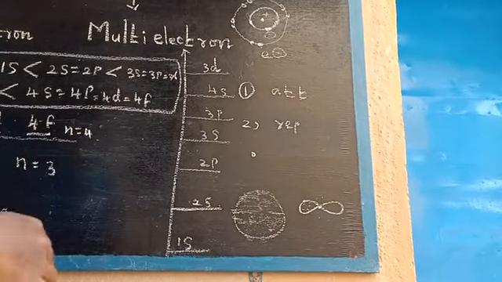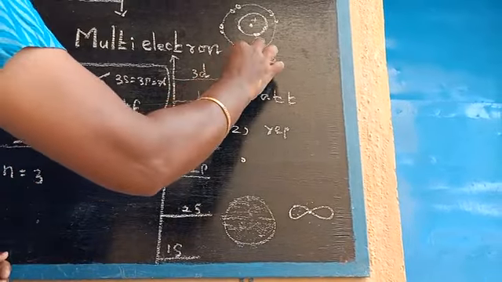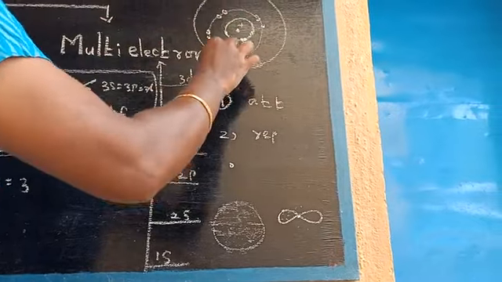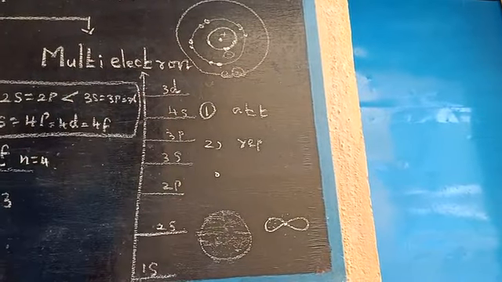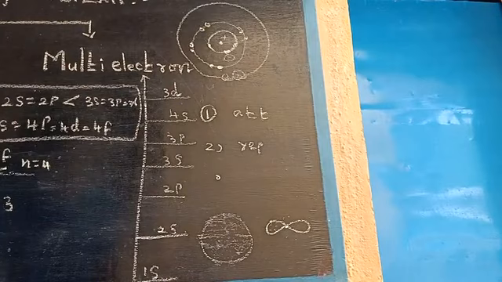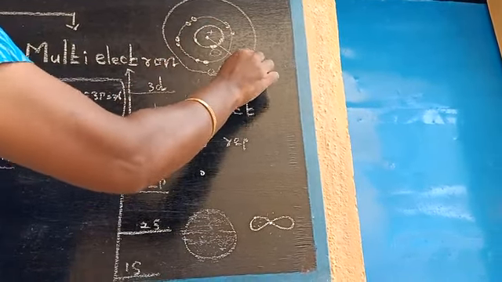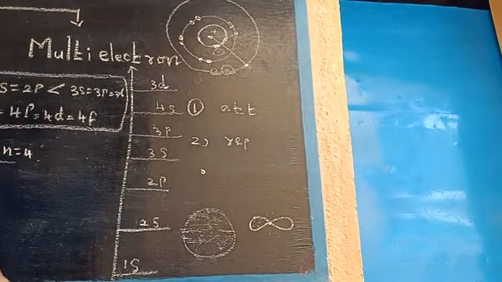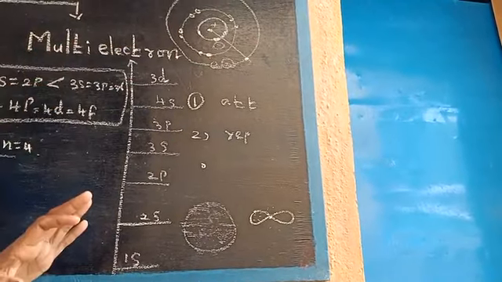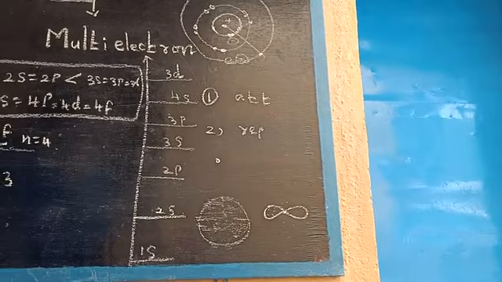Okay children, next let's take n is equal to 3. Again the electrons increase and repulsion takes place. Now note the attraction: here the attraction is very less. Why is the attraction very less? In between, two shells are present, and electrons are present in them. So these two shells act as a shield, so there is less attraction. Shield means just cover. So the attraction is very less.